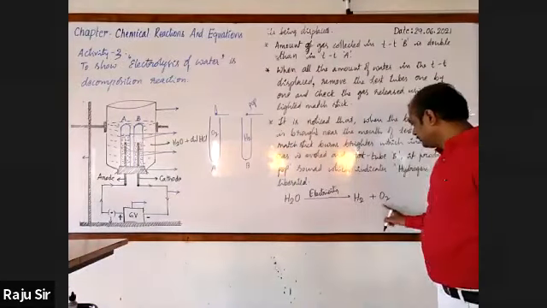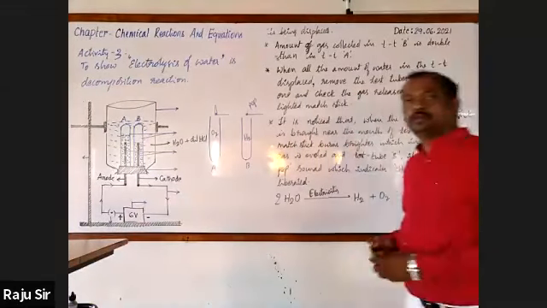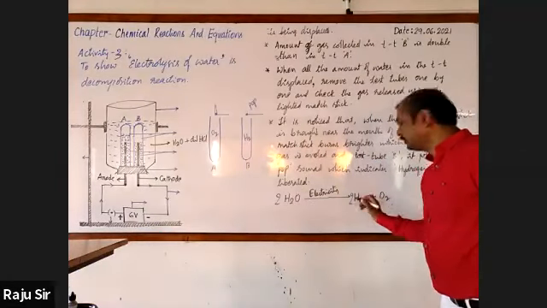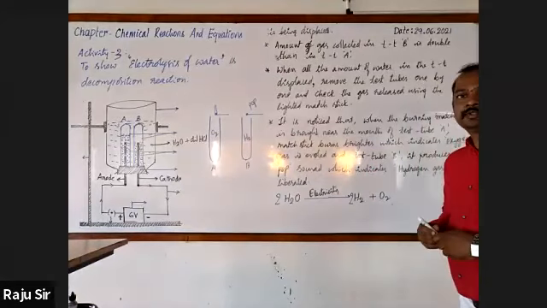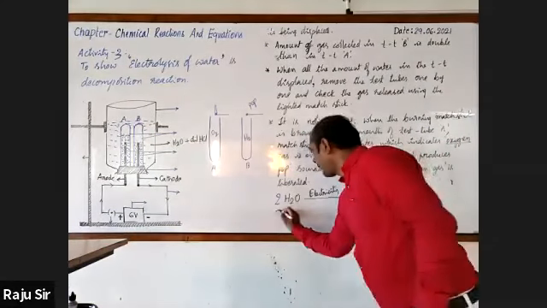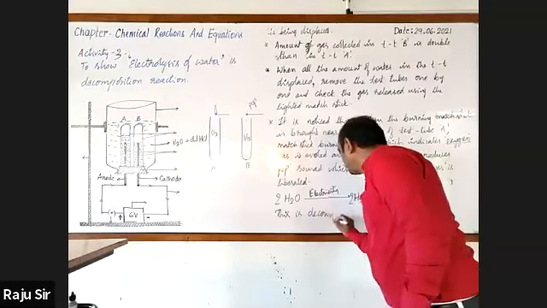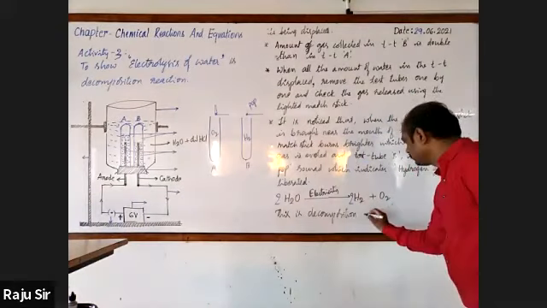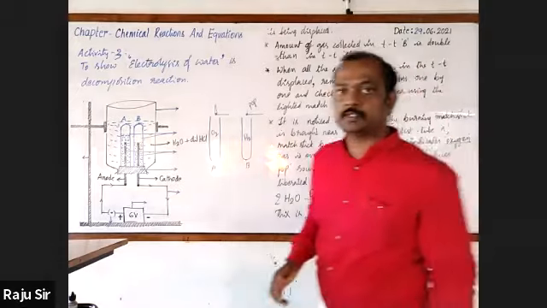Oxygen can be balanced: 2 atoms are there, here also 2. Whereas hydrogen, 4 atoms are there, so here, which is already 2, you can write 2. So this is a decomposition reaction.